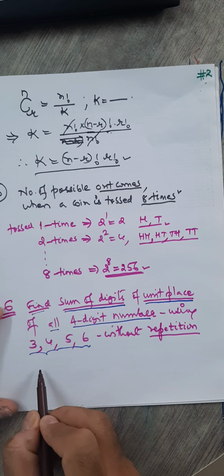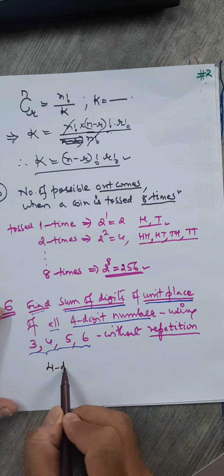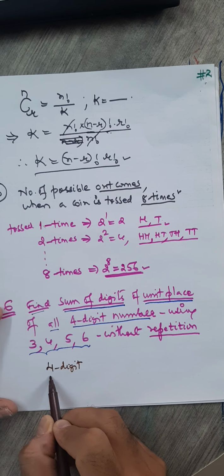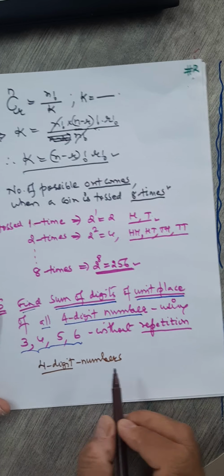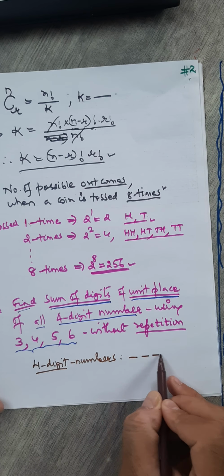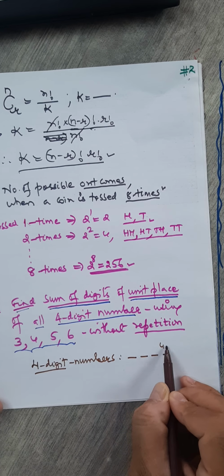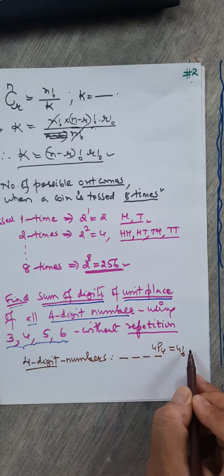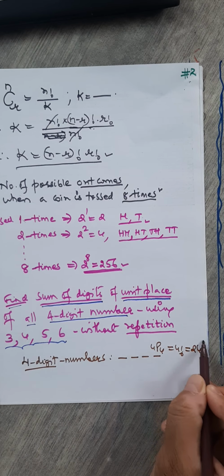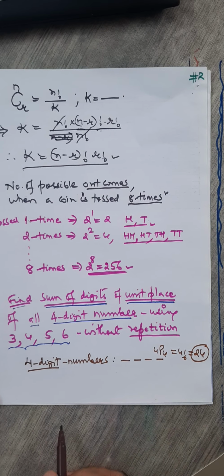That you can answer very easily. 4 positions and 4 digits, so it would be done in 4P4, which is 4 factorial, and that's 24, right? So you can form 24 numbers.